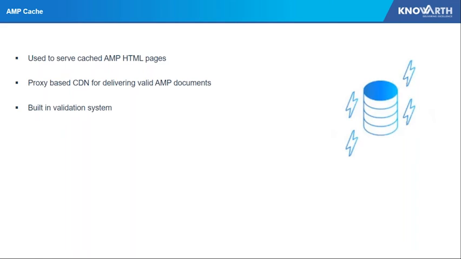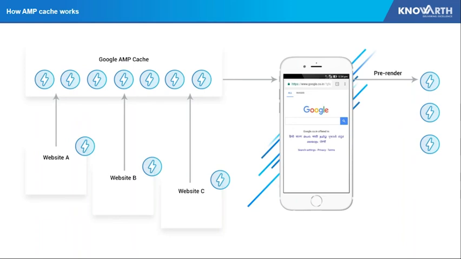So you only have to manage the HTML, and AMP does the rest by itself. Then it has a built-in validation system. What I mean by that is, if the page gets successfully validated, then it will be pre-rendered from Google AMP Cache. Otherwise, it will not get pre-rendered. So it validates before rendering into your particular website.